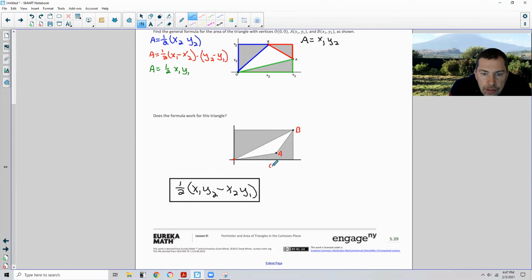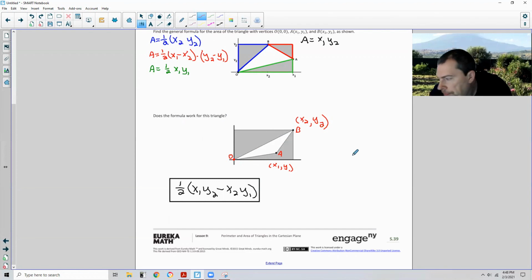So if A was x sub 1, y sub 1, and this is x sub 2, y sub 2, then that should also work because this point here is at the origin. So the formula will work for this triangle.